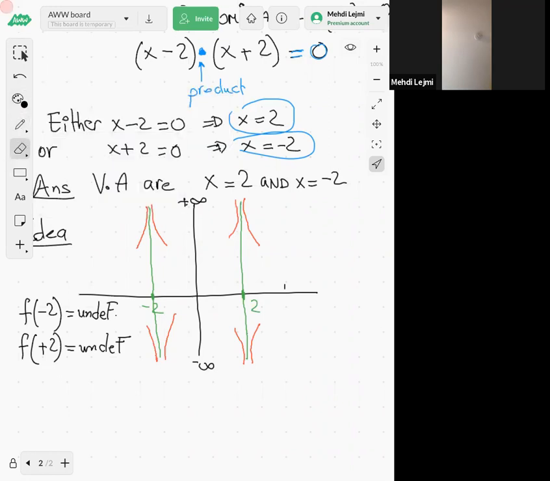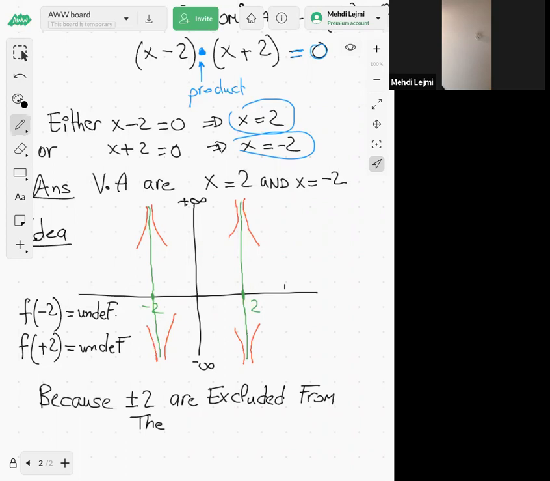Because positive or negative 2, both are excluded from the domain, right? That's where the bottom is 0. So they are excluded from the domain. And that's why my graph never touches the vertical asymptote.